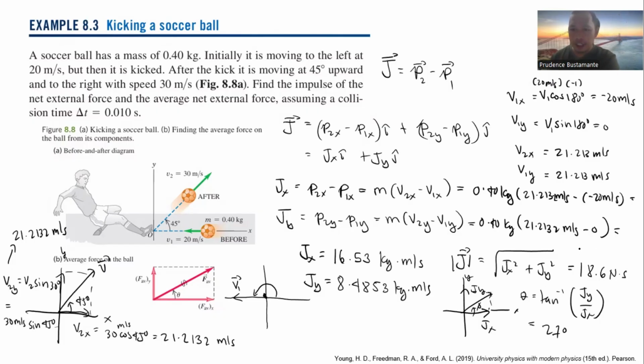Our J should be, in three significant figures, about 1.9, or 19 Newton seconds. That's the magnitude of J, and that is our assumption.